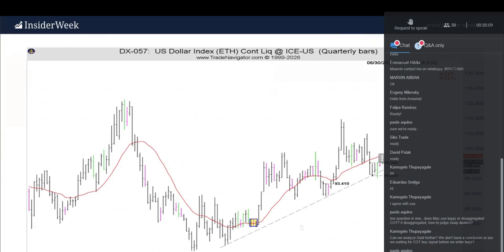So for the last 10 years we are in an uptrend, and currently we are on the trend line, and 96 is a very important level. When we see the price under 96, it could be a trend change to the downside, and we will see a strong downtrend.